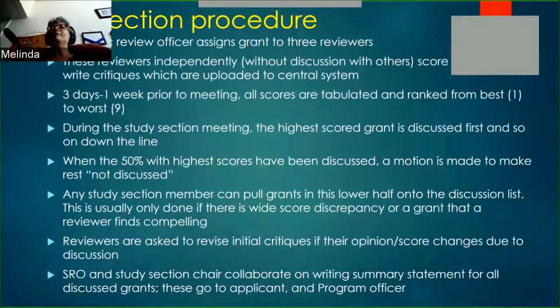So absolutely the reviewers are expected to look at the reviews and the scores of the other people assigned the grants they reviewed. And they have the opportunity to look at all of the other grants in that study section. Each individual reviewer usually reviews between 9 and 11 grants. A standard study section reviews between 90 and 120.